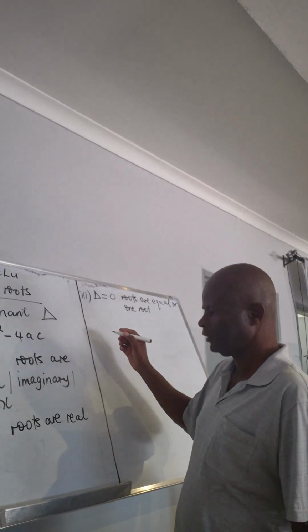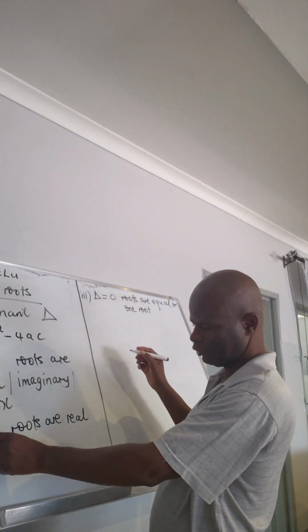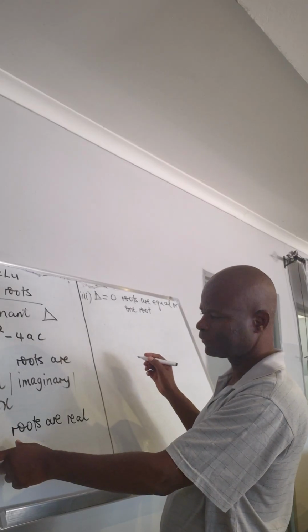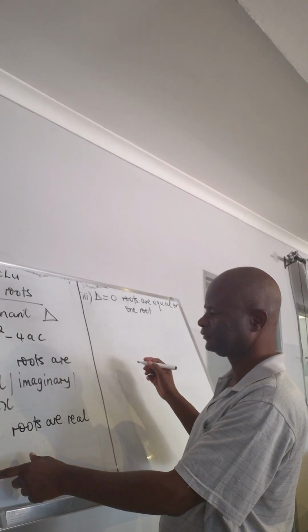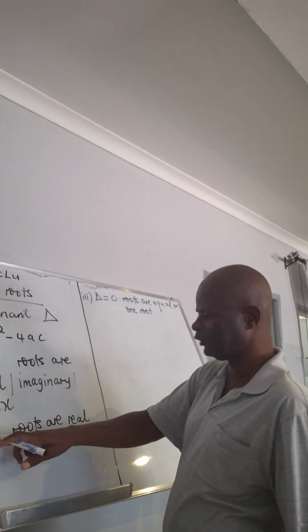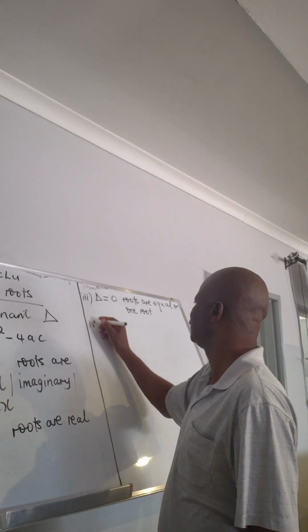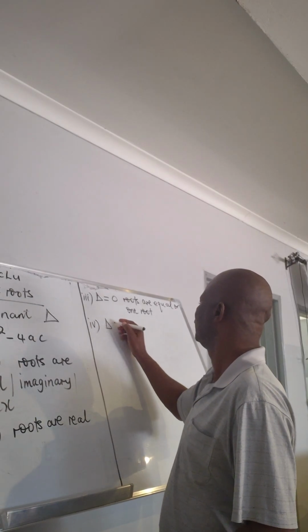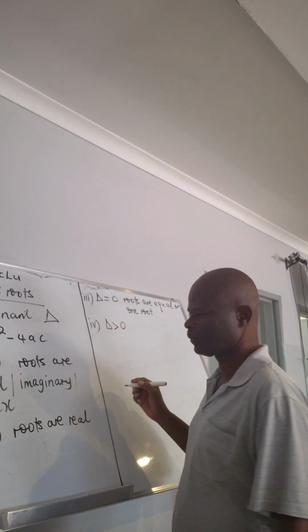Right. Now we are breaking number 2 here. We have said delta is equal to 0. Now we say delta is greater than 0.